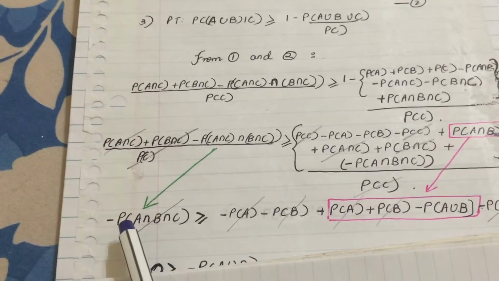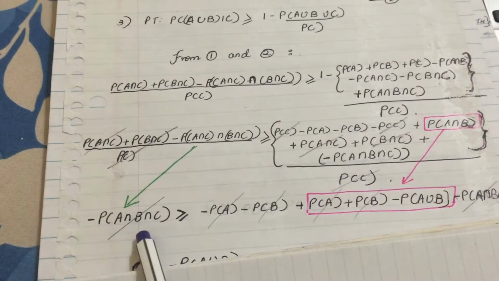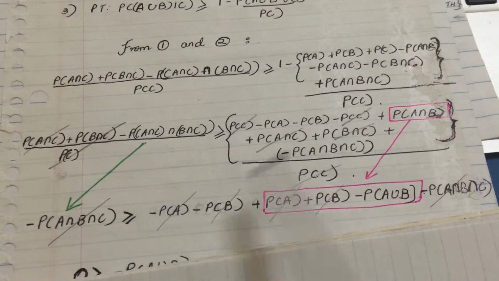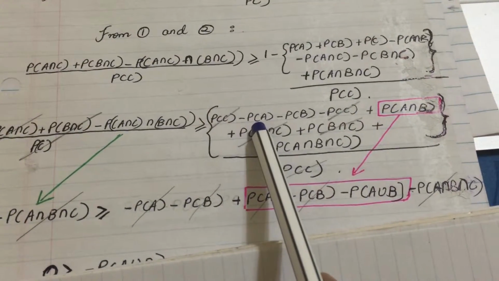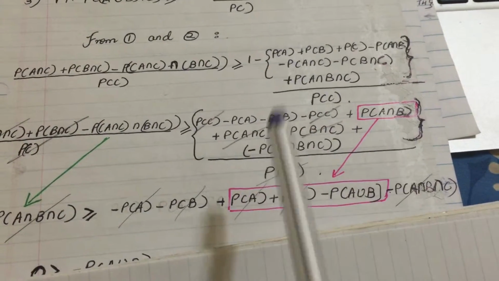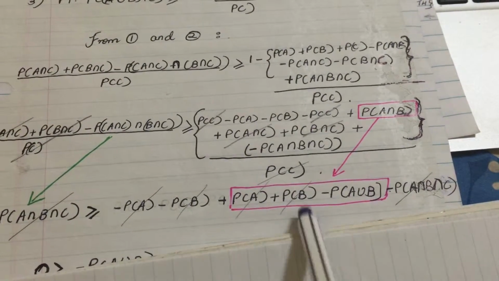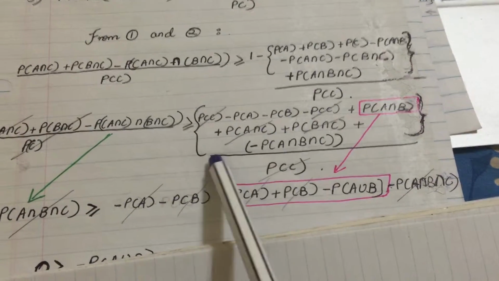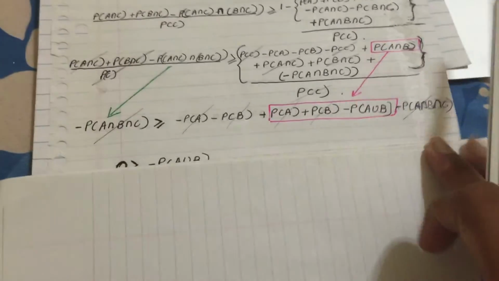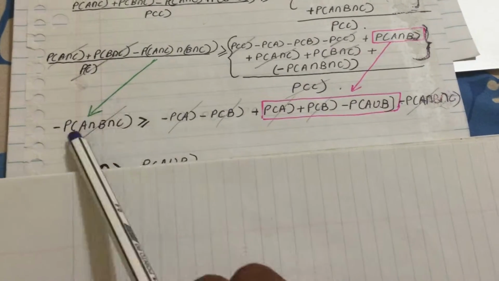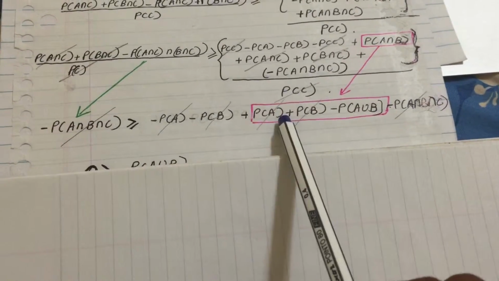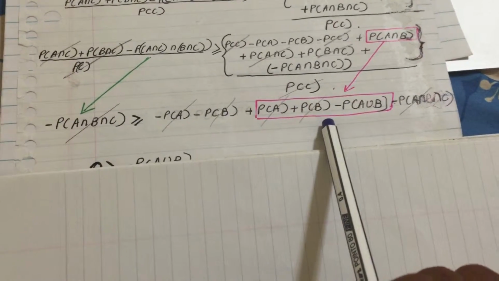So we simply write this as minus probability of A intersection B intersection C, which we leave the greater than equal to sign right here, greater than equal to, and what we are left with on this side is minus probability of A minus probability of B plus probability of A intersection B, which can be written as probability of A plus probability of B minus probability of A union B, and minus probability of A intersection B intersection C. So now on both the sides, this term and this term gets cancelled, and out here this term, and this term, and this term, they cancel out each other.